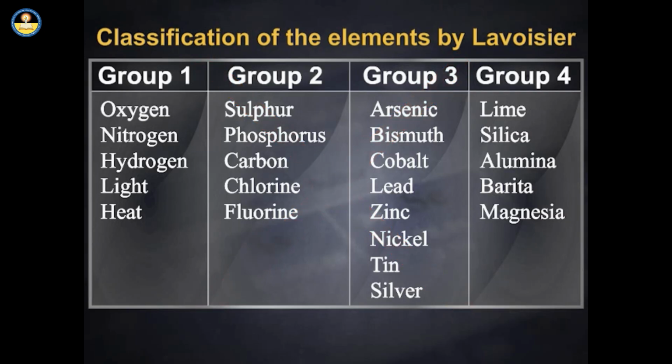For example, light, heat, and a few compounds that were unable to be decomposed into elements at that time, such as lime, silica, alumina, baryta, and magnesia, were considered elements in his table.